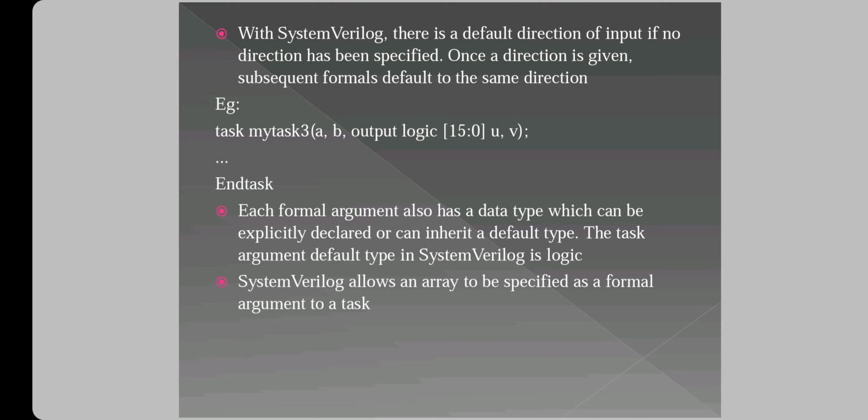For example, my_task3 with a, b comma output logic u, v. Here a and b are of input type, since you haven't provided any direction before them, so by default they are input, and u and v will be of output type, since you have provided output before declaring them.